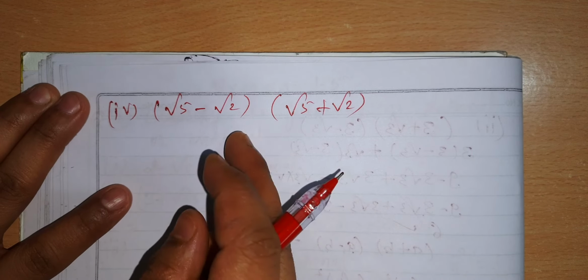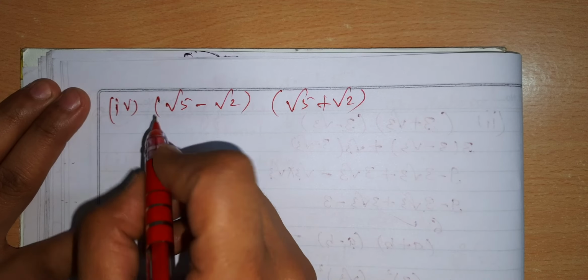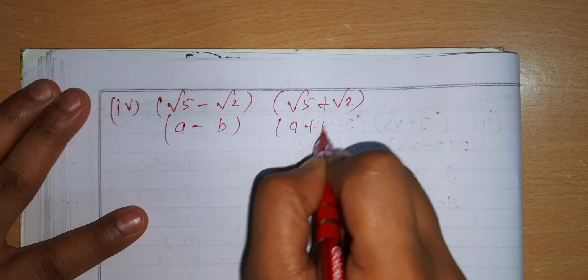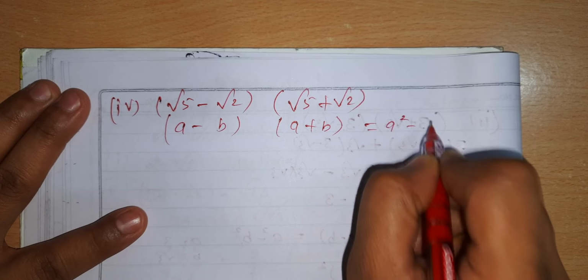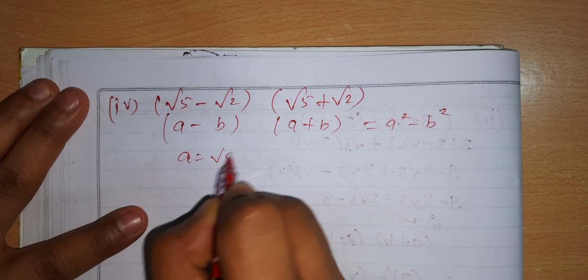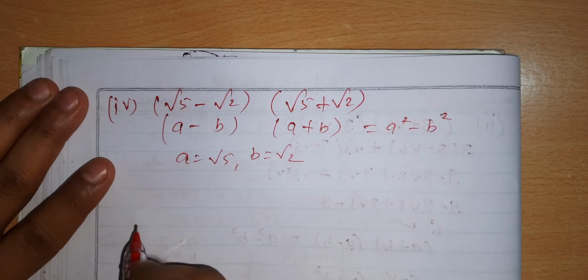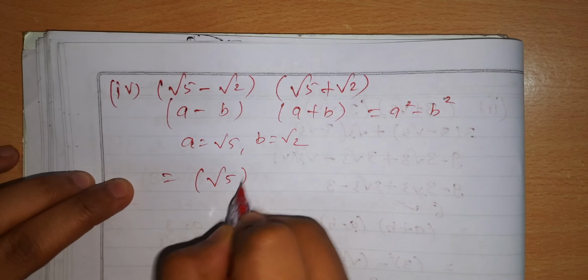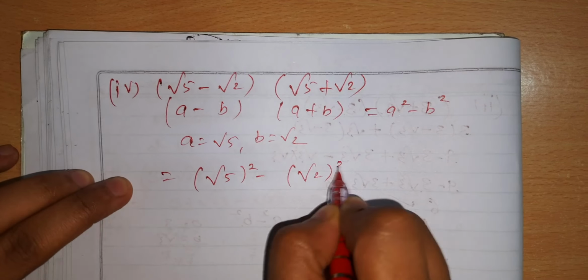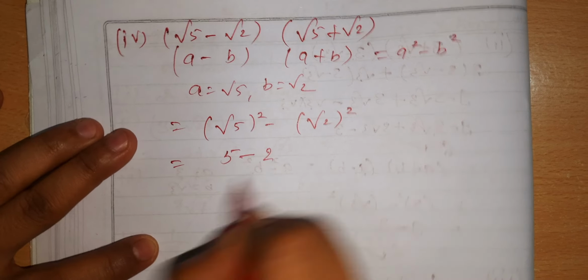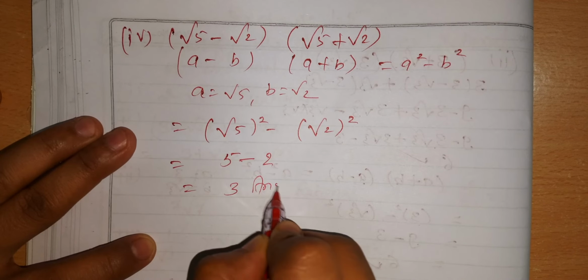So again, when you observe, you will find that this is again that identity, a minus b, a plus b, which is equal to a square minus b square. Here a means root 5 and b means root 2. So we'll get a square minus b square. A square means root 5 square minus b square means root 2 square. Root 5 square is 5 minus root 2 square is 2. So 3 is the answer.